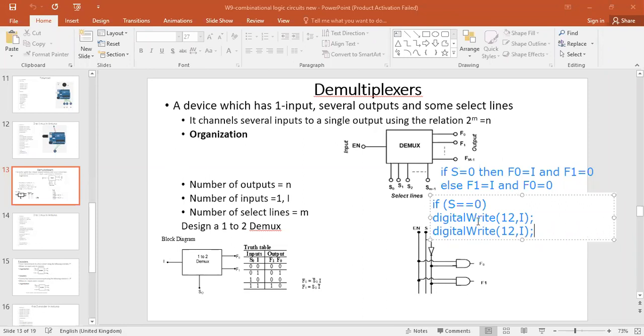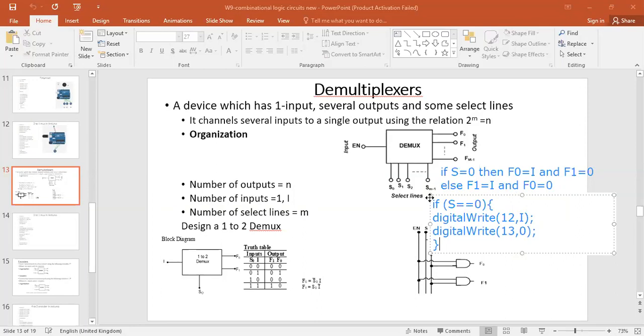First of all, you need to do digital write 12, I. Then you also need to force the other input, which is 13, that is F1, to 0. So assume this is 13 and this is 12. Then 12 is I and then 13 is 0. And this should be done inside the brackets so that it works properly.